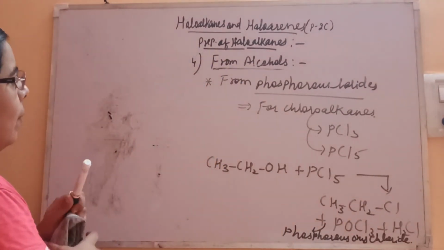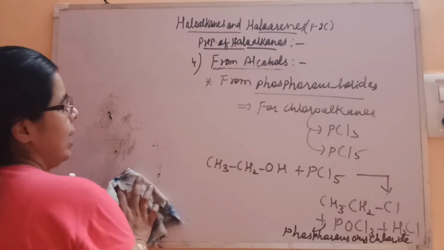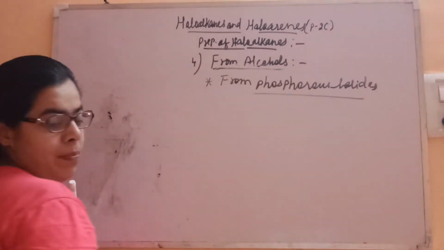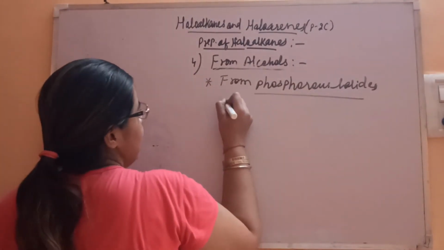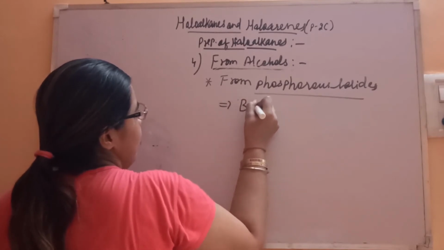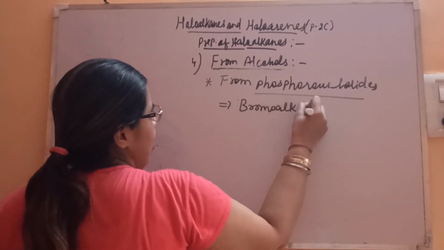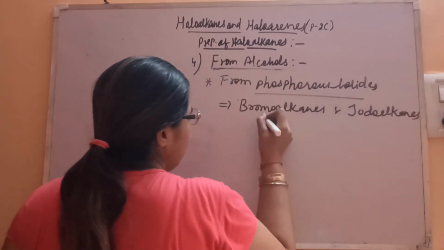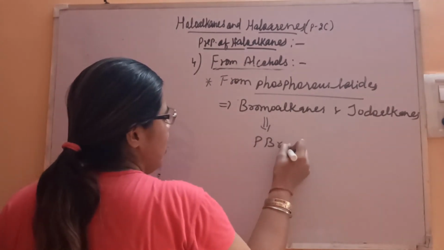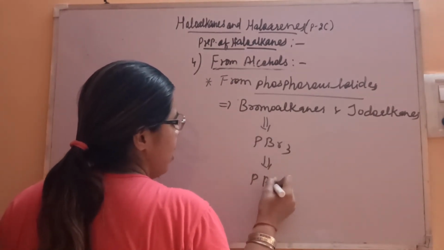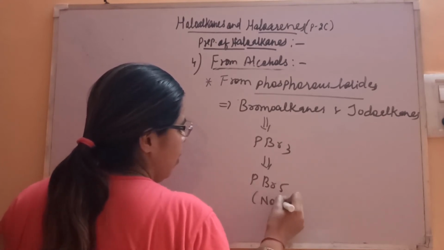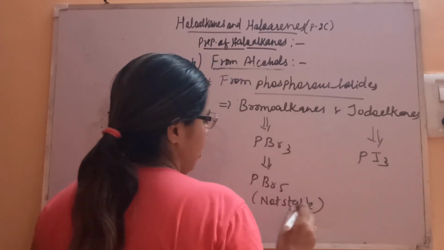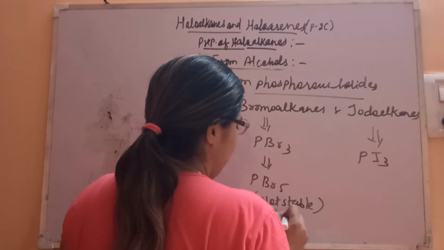Fine. Okay. The next is we'll prepare bromoalkanes. For bromoalkanes we'll take only PBr3, as PBr5 and PI5 are not stable. So how to prepare bromoalkanes and iodoalkanes? I am taking both together. PBr5 is not stable, and PI3 and PI5 do not exist basically.